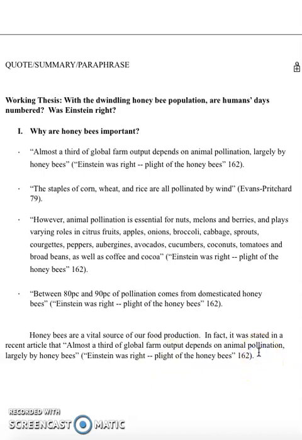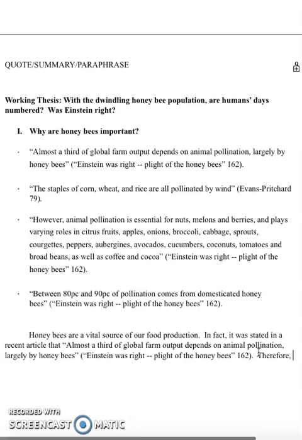Now that I've introduced the quote and I've presented the quote to the reader, then I need to do the third thing on my agenda, and that would be to explain why this matters. So here's what this means.